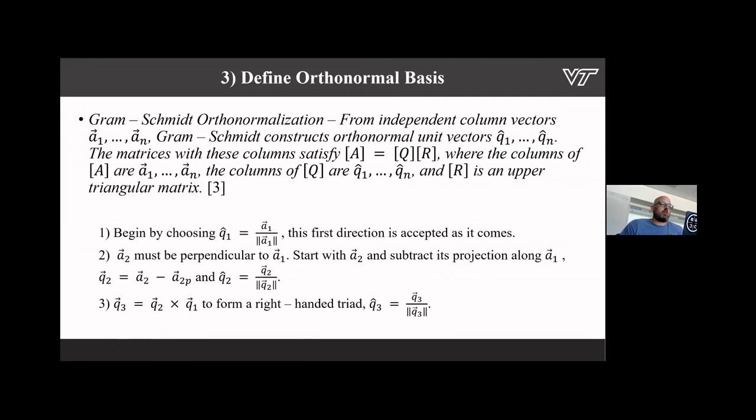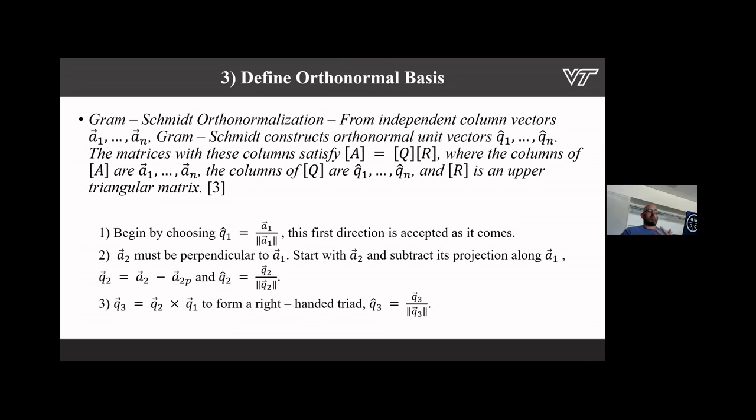If you're familiar with Gram-Schmidt, maybe from your linear algebra class, it's a method where you can take any 3 vectors and transform them into 3 other vectors in an orthonormal basis. And then you can easily change each one of those vectors into a unit vector, and that's your coordinate frame.